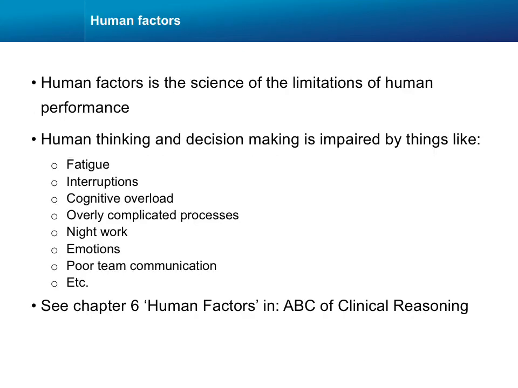And human factors is the science of the limitations of human performance. It studies how human thinking and decision making is impaired by things like fatigue, interruptions, cognitive overload, night work in particular, and also things like poor team communication. So I do encourage you to read Chapter 6, Human Factors, in the ABC of Clinical Reasoning.